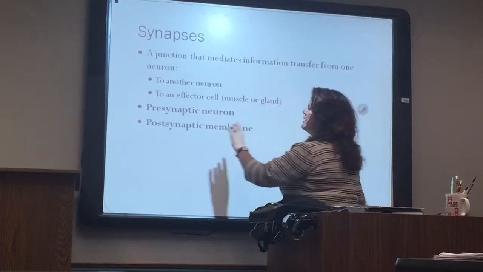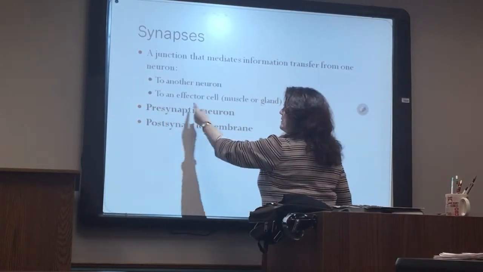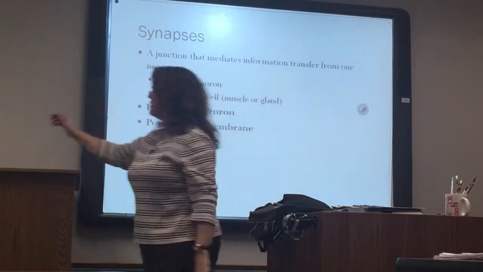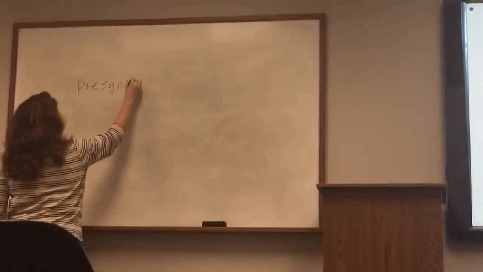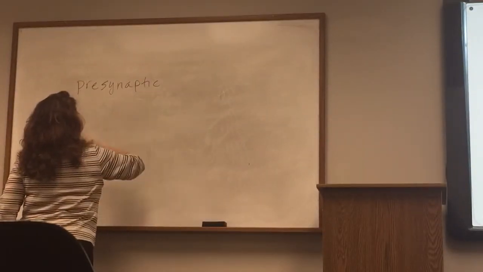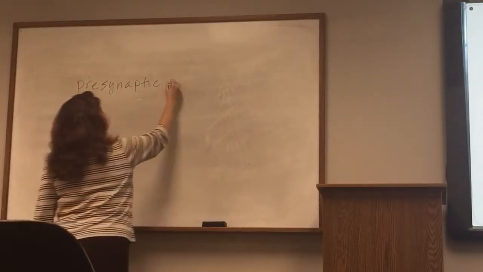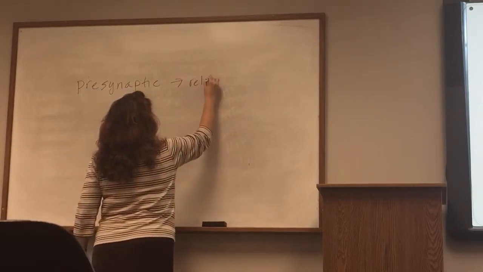So we have some terminology. The presynaptic neuron, I'll write this on the board, it's important. So the presynaptic is the one that's coming up upon the synapse. The presynaptic is the one that releases a neurotransmitter.